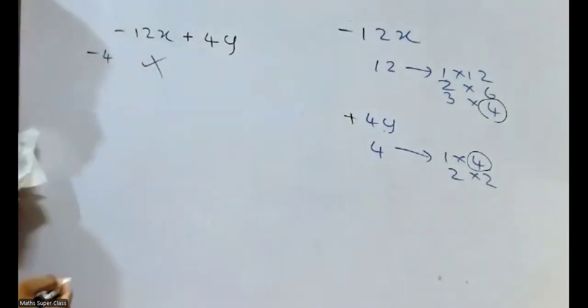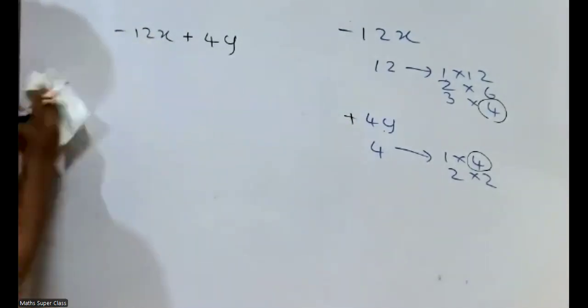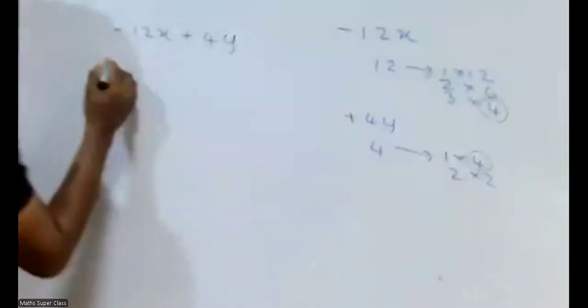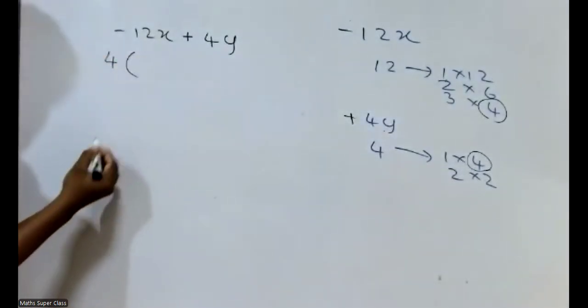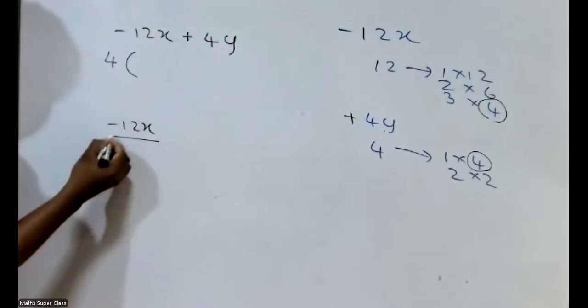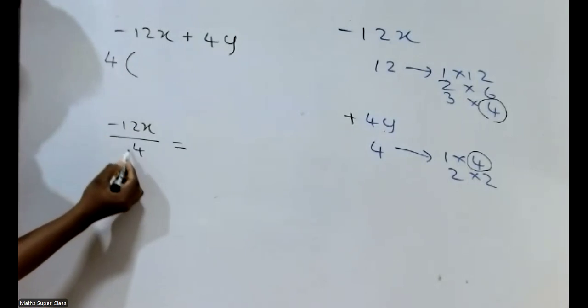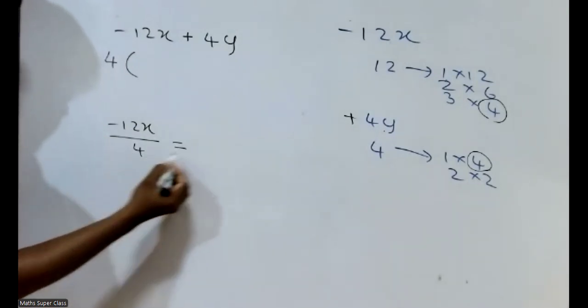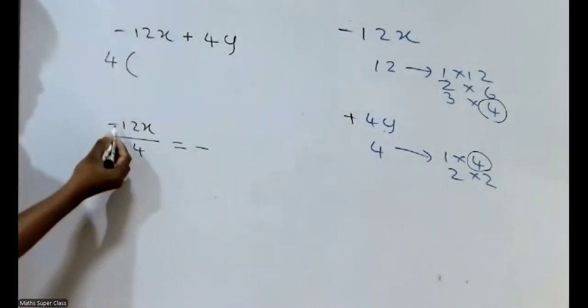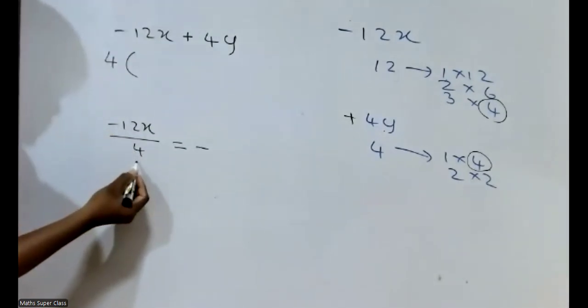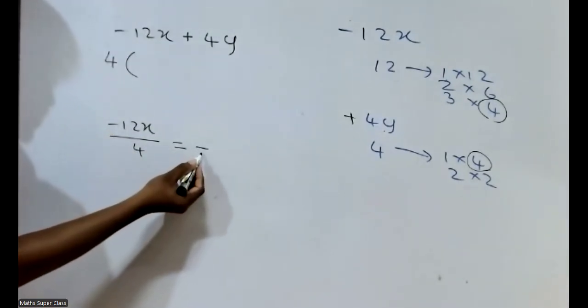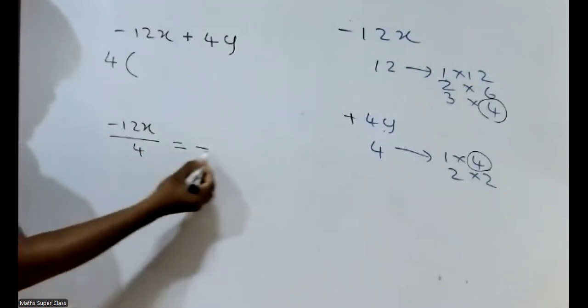Then, only 4. Plus 4, minus 12x divided by 4: minus divided by plus, it should be minus. Minus divided by plus, it must be minus. 12 divided by 4 is 3.